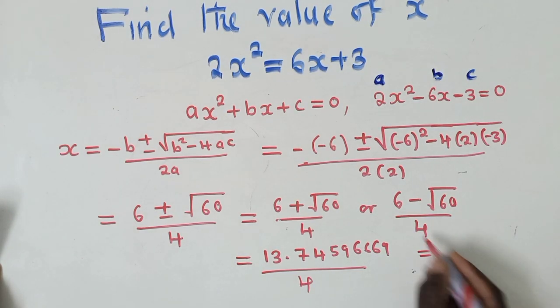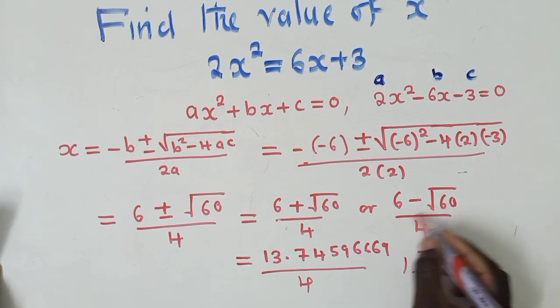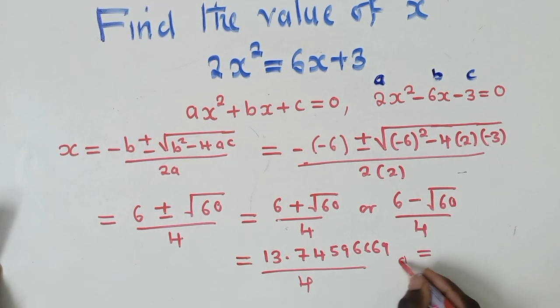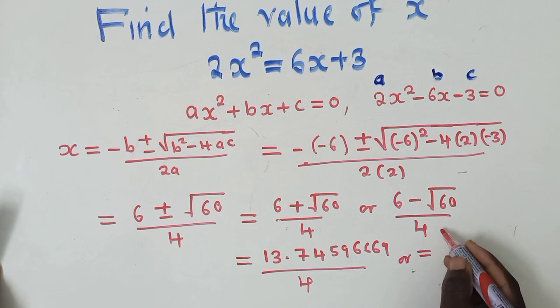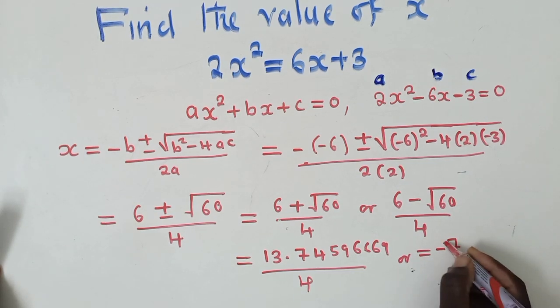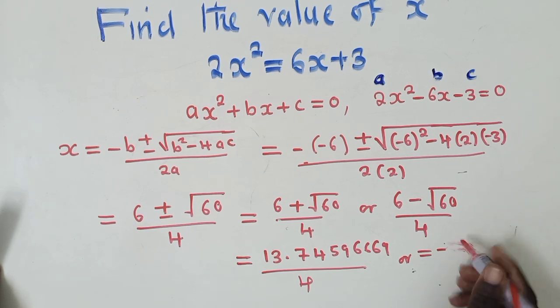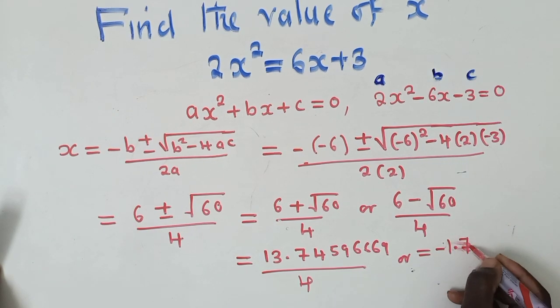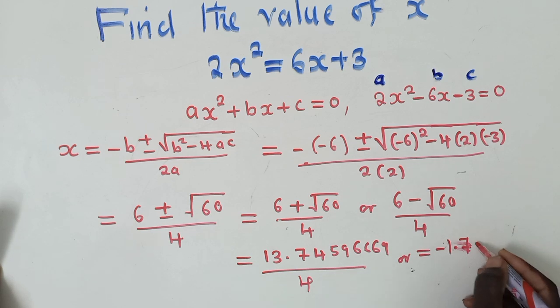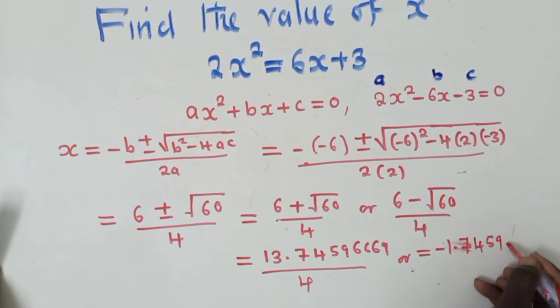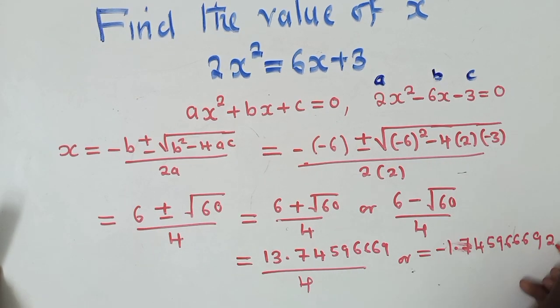For this one also, when you punch it on your calculator, you get negative 1.0 — this is negative 1.74596669, over 4.